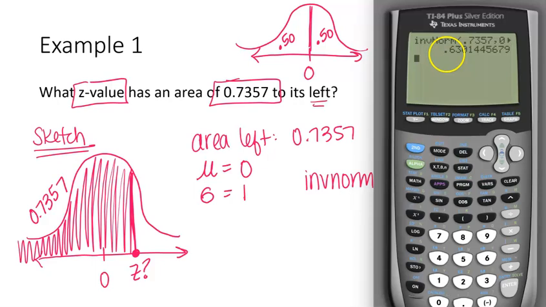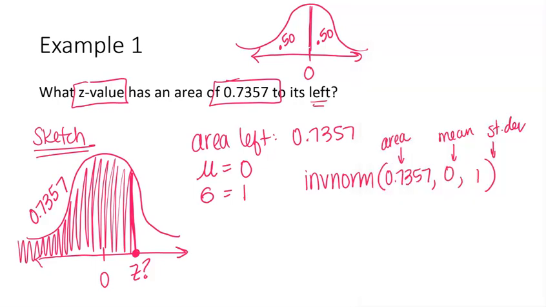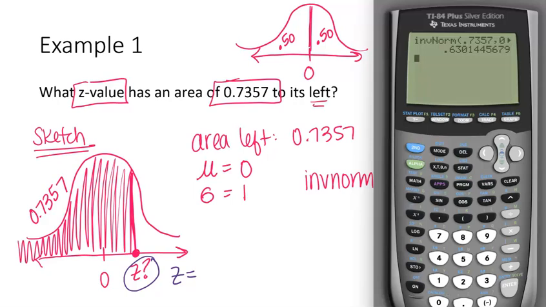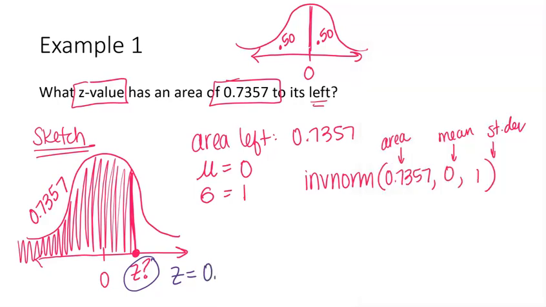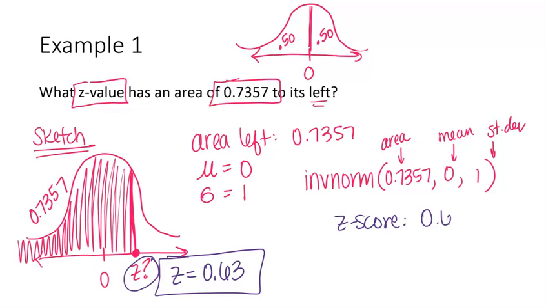This is now the z-score. Remember that z-scores use 2 decimal places. So this z is 0.63. My z-score, 0.63.